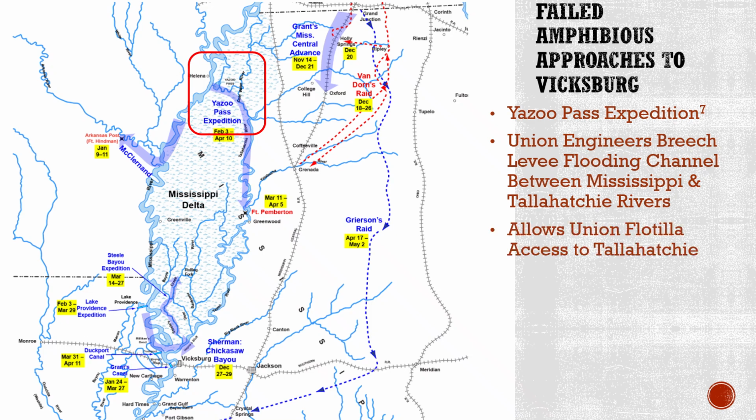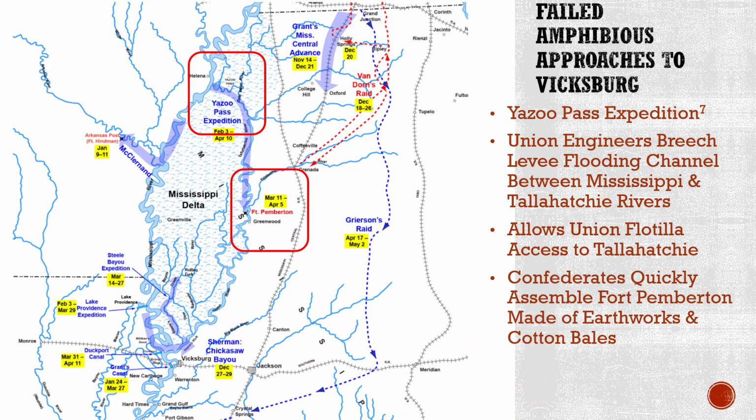Unfortunately, the channel did allow access to the Yazoo River, and they were floating their supplies to the Tallahatchie.